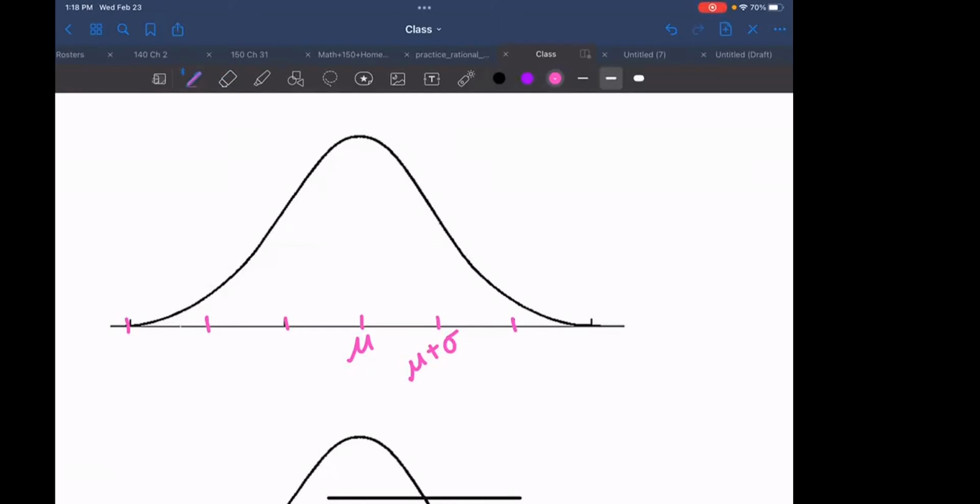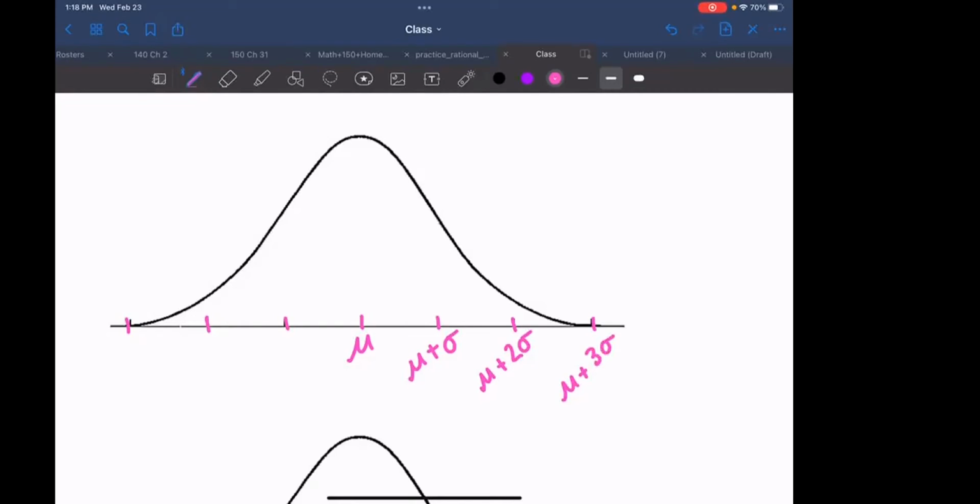What do you think this tick mark symbol should be? Yes, it's the mean plus sigma plus another sigma, so the mean plus 2 sigma. And if we go on, this is the mean plus 3 sigma.